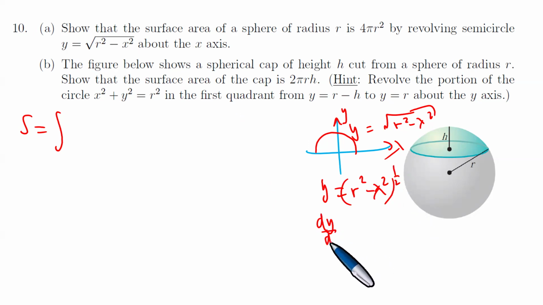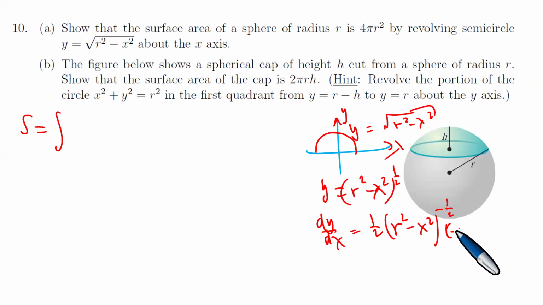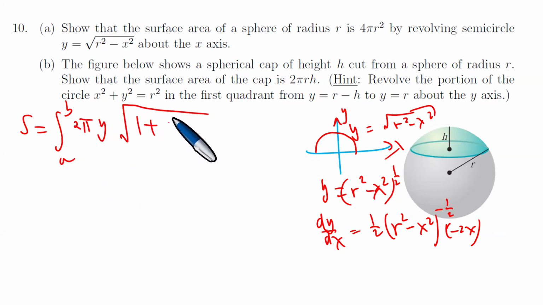So that you have dy dx is equal to, okay, the derivative of this is 1/2 times r squared minus x squared, and then you subtract 1 from the half, getting minus 1/2. The derivative of the inside by the chain rule, the r squared has 0 derivative, the minus x squared has minus 2x derivative. Right, meaning you're going to have the integral from a to b 2 pi y, the square root of 1 plus. So this becomes exactly dy dx. So you square this and it becomes exactly a dx there, like so.